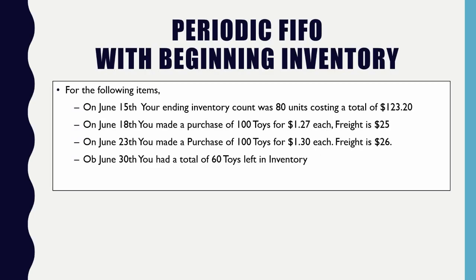So in this case, we have this scenario where on June 15, you had an ending balance of inventory on hand for 80 units or 80 toys, costing a grand total of $123.20. Okay, so this is where that little inventory on hand section is going to be placed.